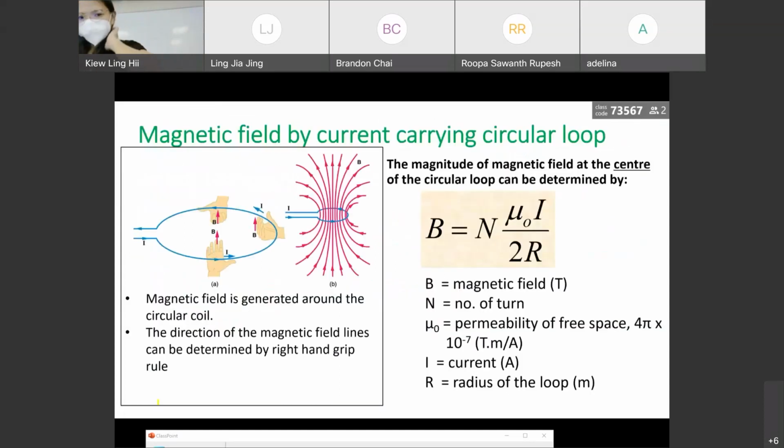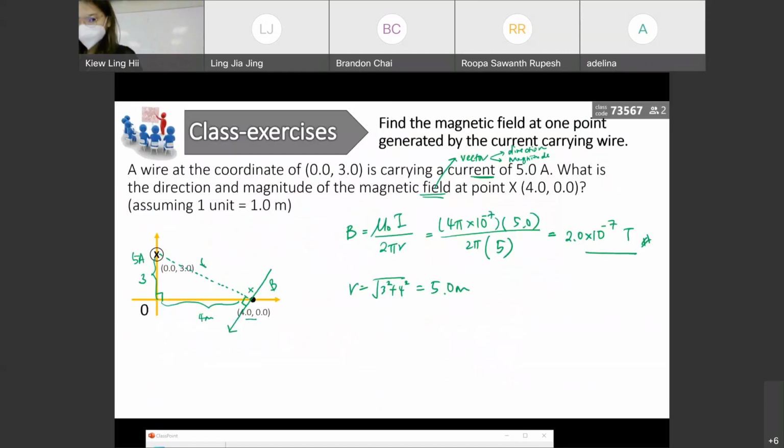Now, the next orientation is a circular loop. Circular loop is like you wrap or coil the wire. How to determine the direction of the tangent? By using the right hand grip rule, you know how to draw the tangent line, right?